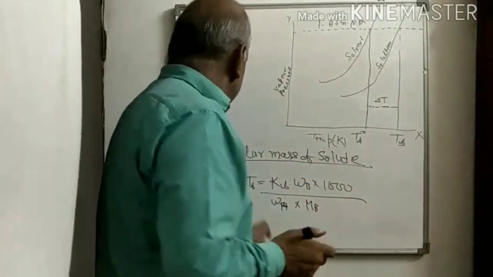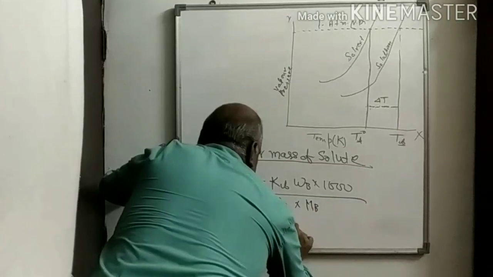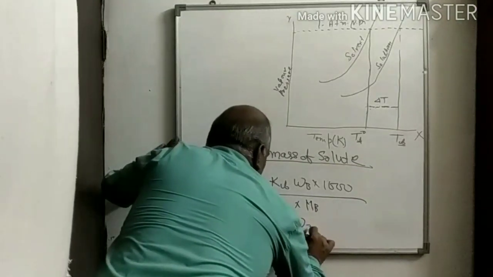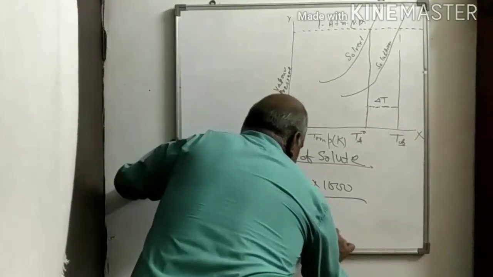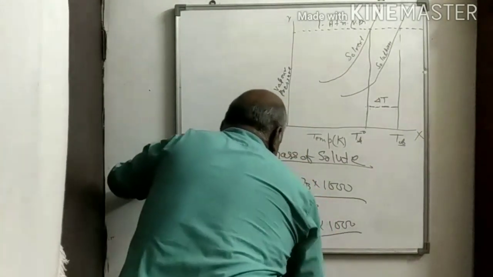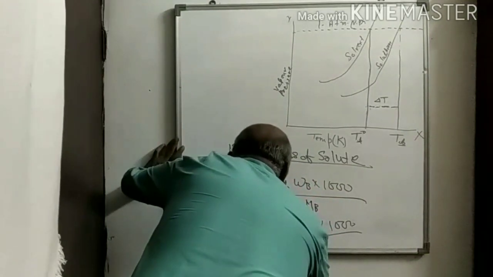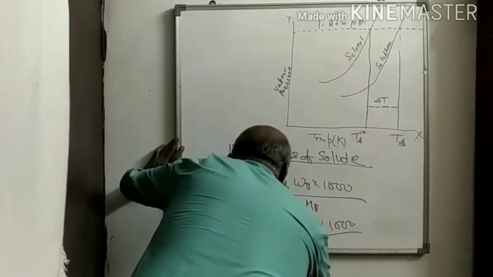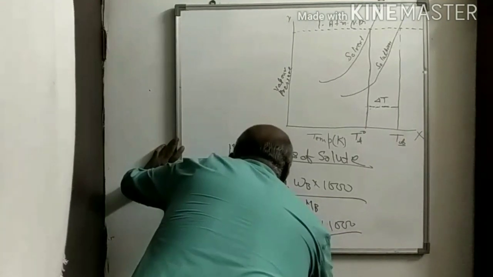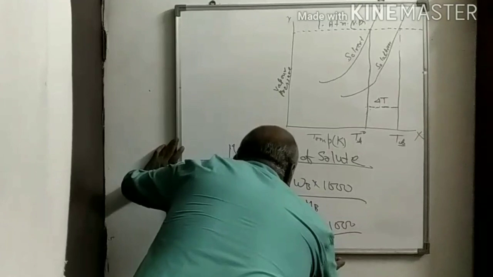Let us transpose: Mb is equal to Kb into Wb into 1000 upon delta Tb into Wa.